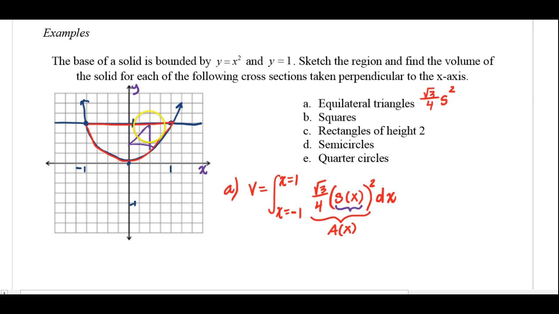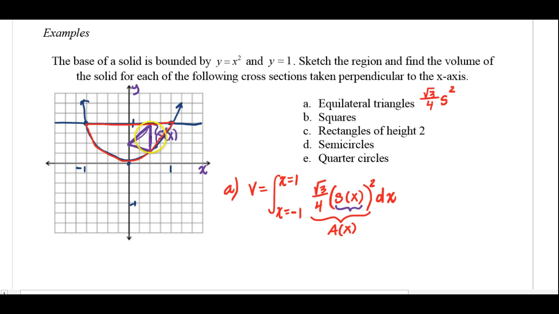Whoops, I guess that was pretty bad. Something like that. So here is my equilateral triangle, and here is the base, which is also the side length. So this side length here is the s of x that I'm in search of.